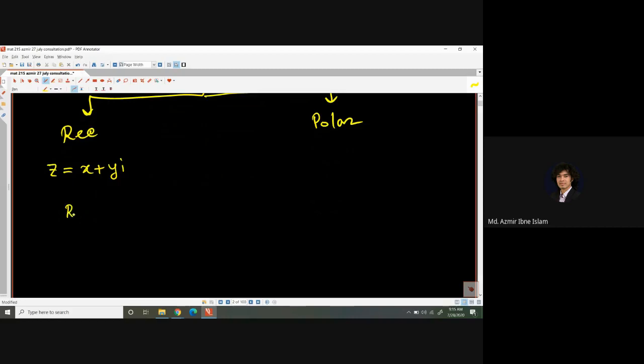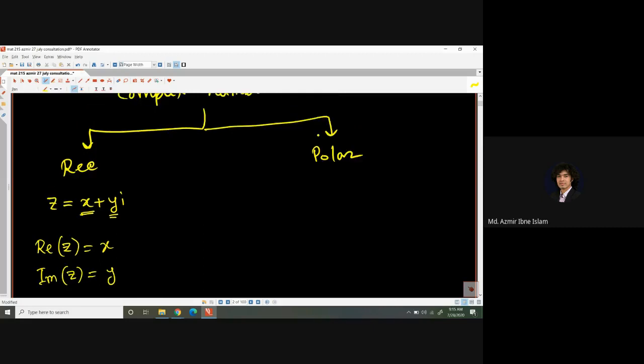The important part is to figure out what Re of z is. It defines the real part of z. So in x plus yi, written as z, x is the real part, and Im of z, the imaginary part of z, is y. So this part is important.